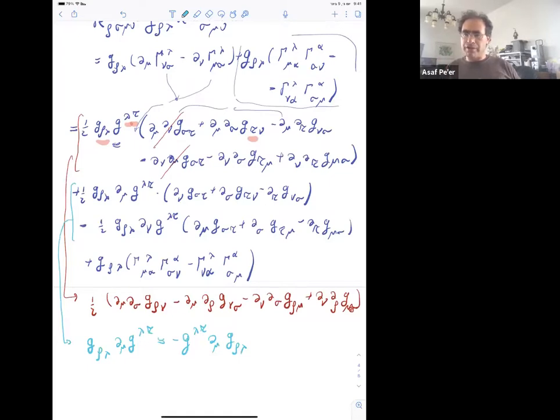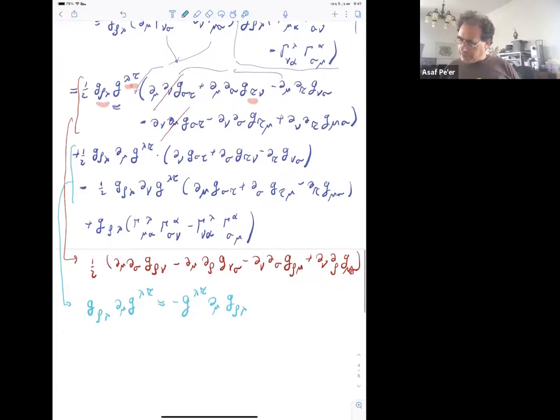Just took the full derivative, which is 0. But now I can expand that. Remember, we had the metric compatibility, so I can write it down as minus G lambda tau gamma eta mu rho g eta lambda plus gamma eta mu lambda g eta rho. I promise you it's going to be ugly, but it's just algebra. So just go carefully over the indices, and you either find that I cheat you or that I'm actually doing everything fine.